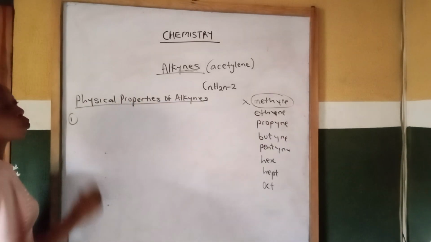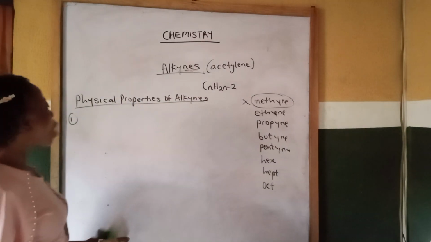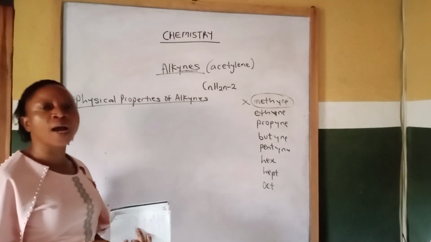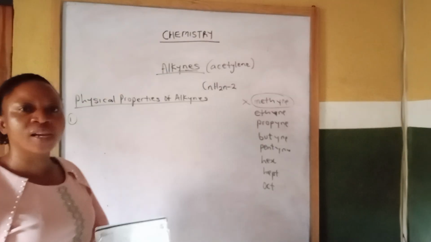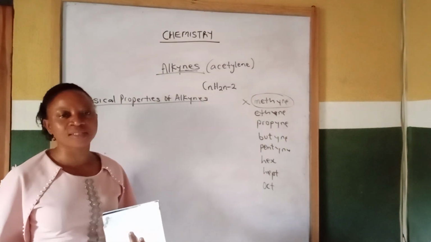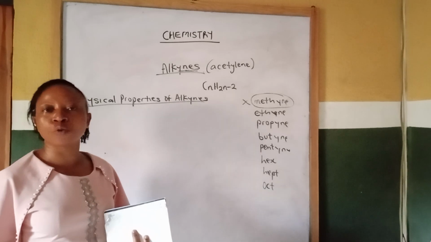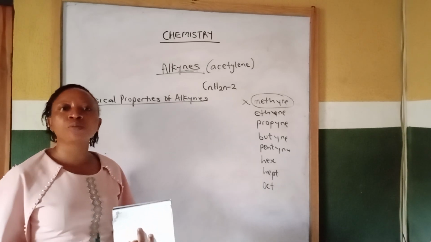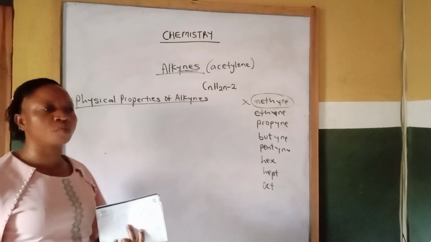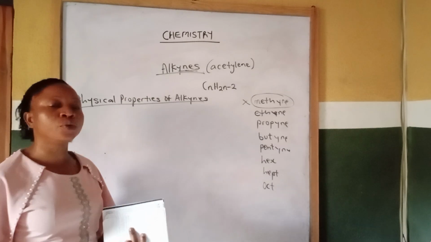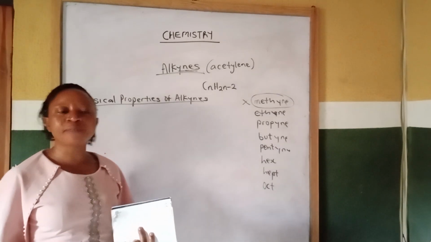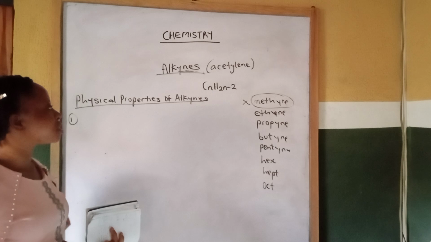What are the physical properties of alkyne? Number one, alkynes with 2 to 4 carbon atoms are colorless and odorless gases, except ethyne with a sweet smell.